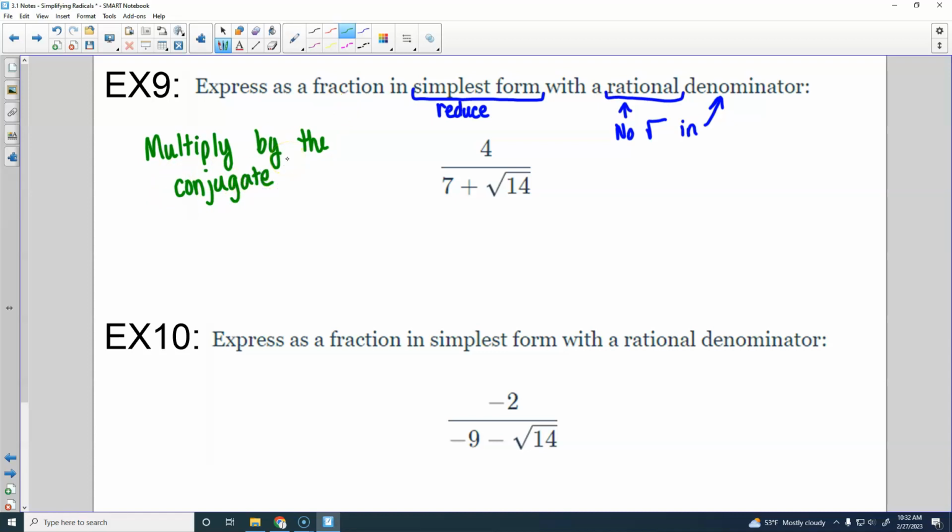Okay, and the conjugate is whatever is going to give us a difference of squares. So it's pretty straightforward. If my denominator is 7 plus square root of 14, my conjugate is going to be 7 minus the square root of 14. And I'm going to have to multiply by that value on the top and bottom of that fraction. The difference of squares.